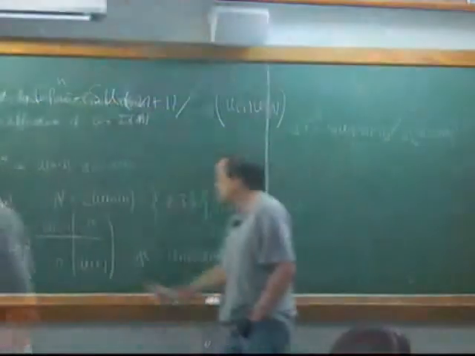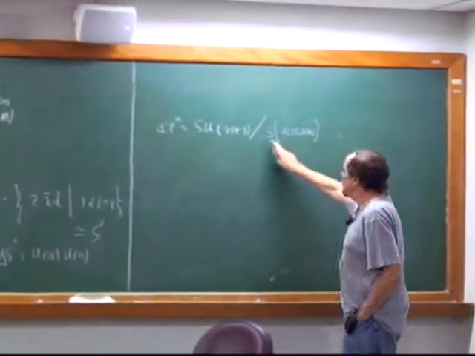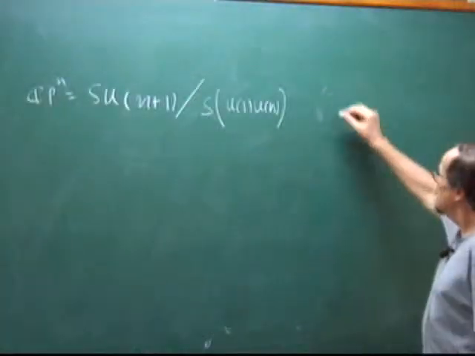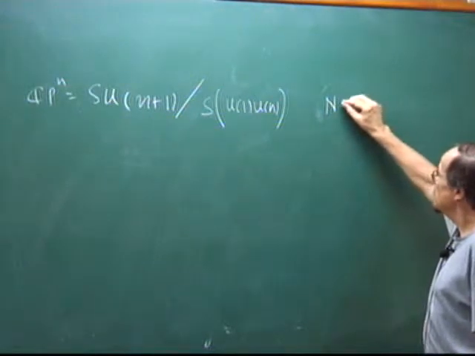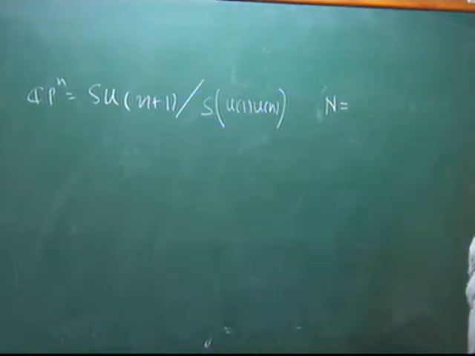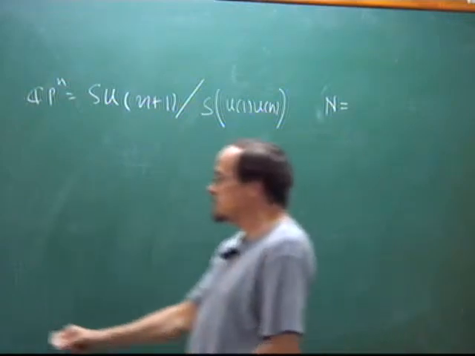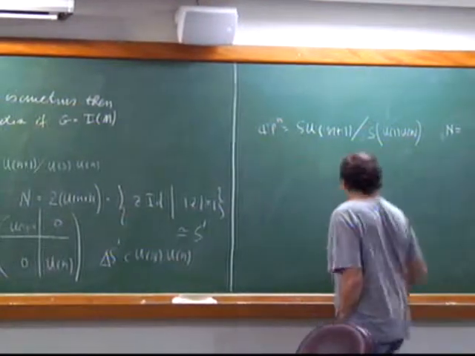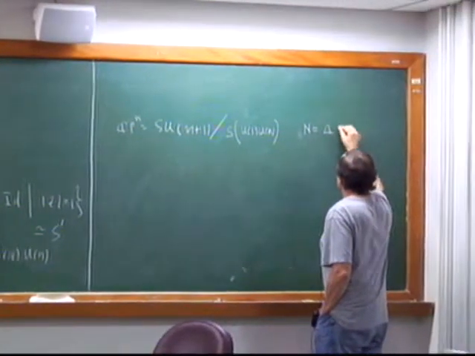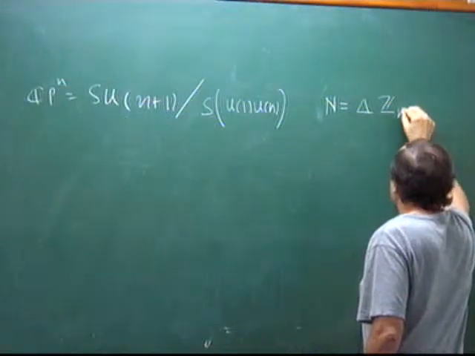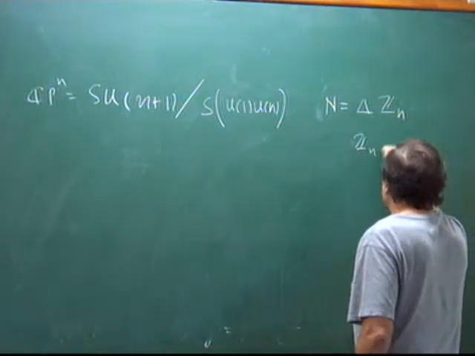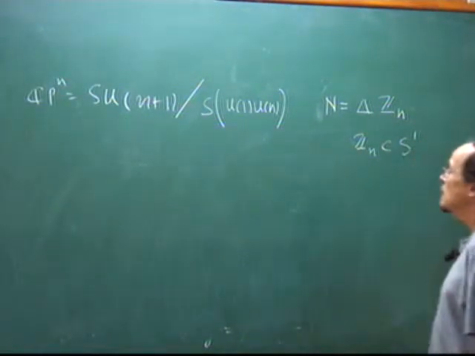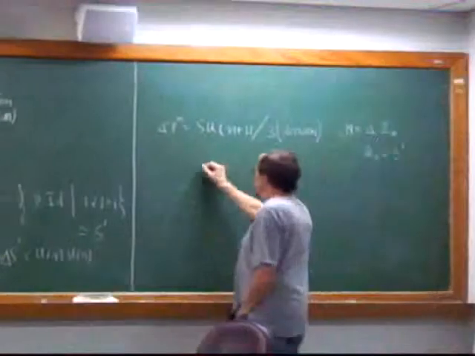So this times this, its determinant must be 1. So we denoted it in this form. What's the ineffective kernel in this case? Right, so whatever sits inside here has determinant 1. So that's the (N+1)th root of unity, diagonal Z_{N+1}. So it's almost effective, right? So this is almost effective.